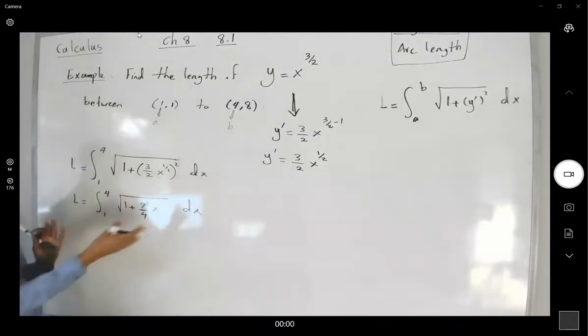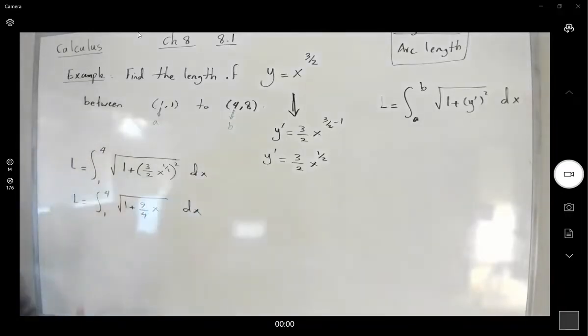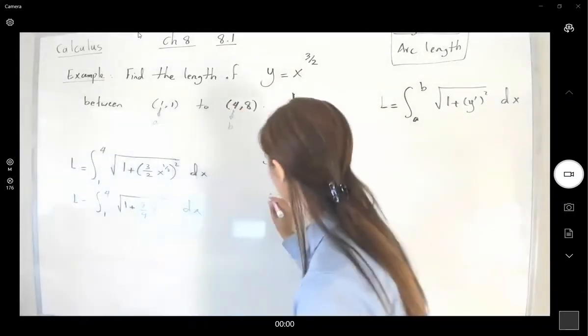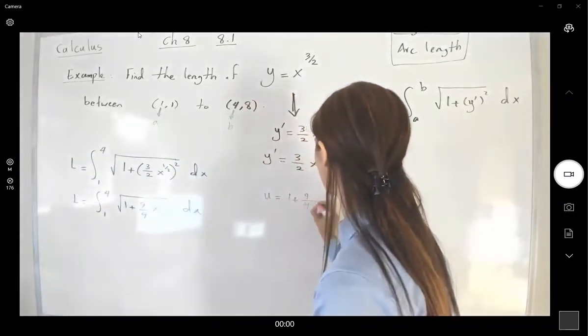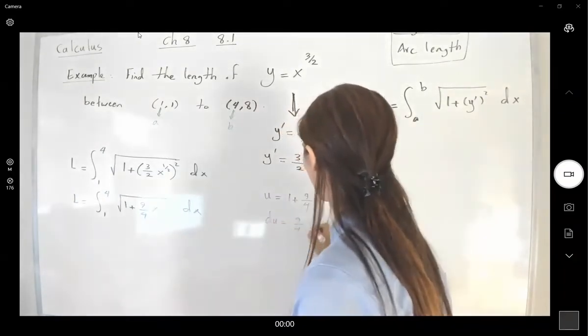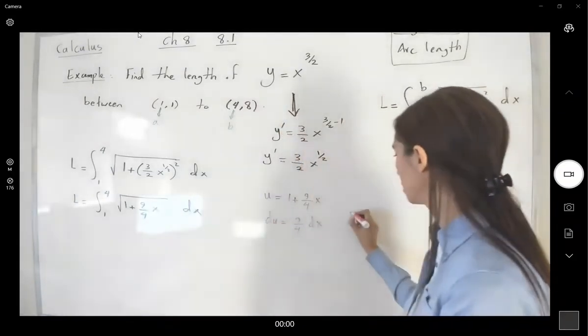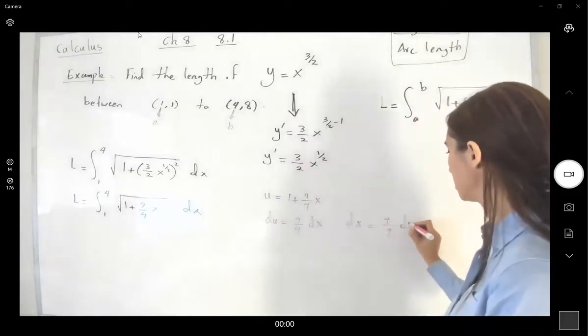Okay. This can be calculated using u sub easily. Like u with the quantity inside the radical, 9 over 4 x. So du is 9/4 dx, or dx is 4 over 9 du.